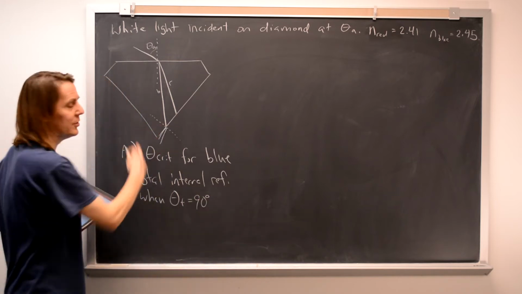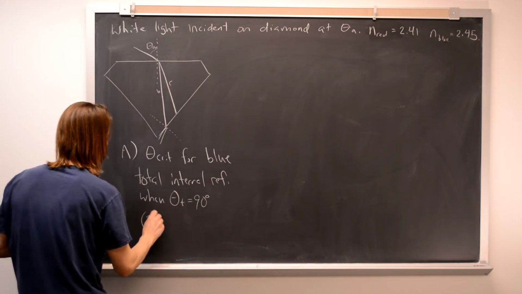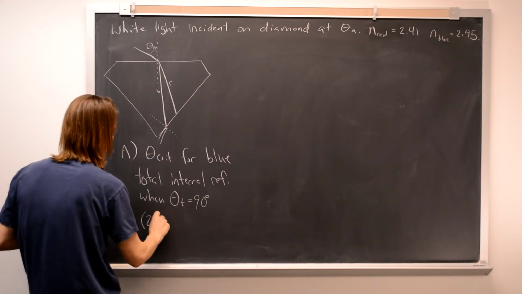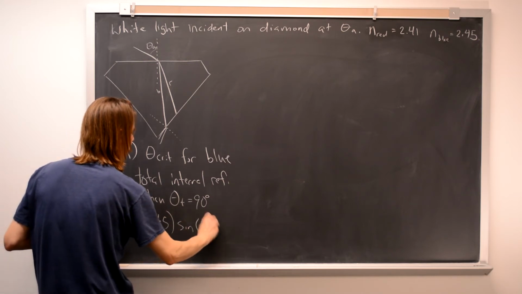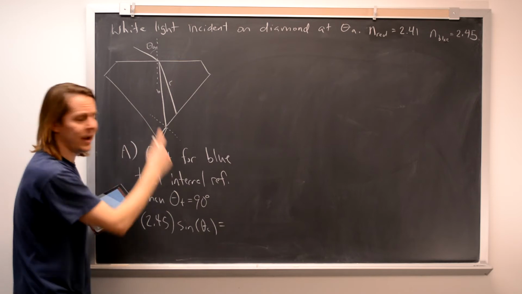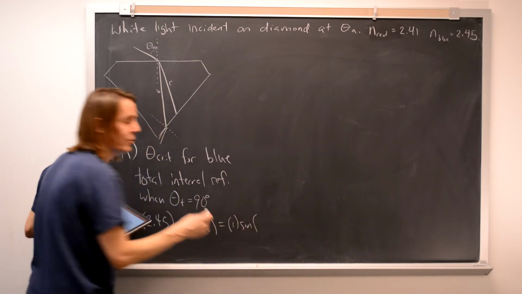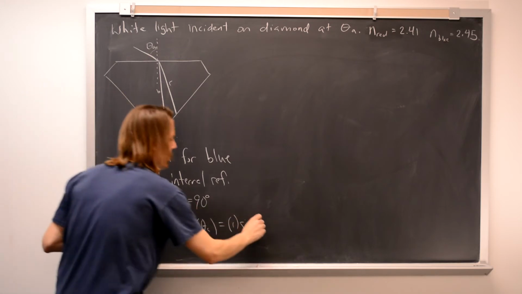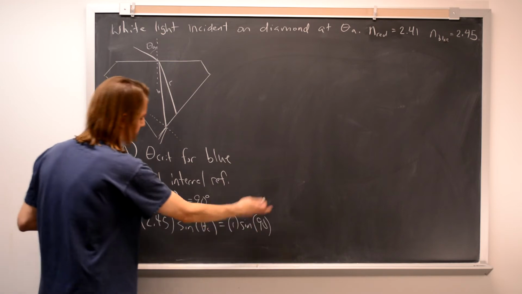And then you just set up Snell's law. You say I come in at the critical angle in the high index, so for blue, 2.45, at the critical angle that I'm looking for, that would go into air, in this case, 1 times the sine, and it happens when you hit 90 degrees on the transmitted angle, so sine of 90, which is just 1. So 1 times 1 is 1.